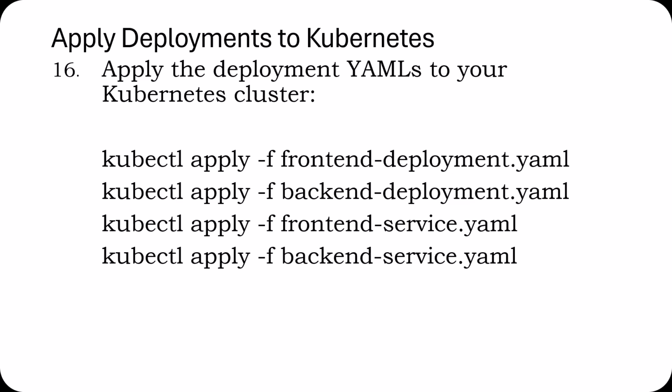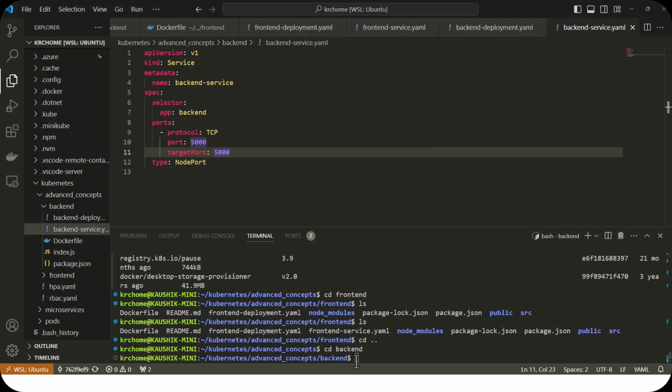So let's get back to Visual Studio Code. Now I am on the backend. So I will apply the backend deployment .yaml first and backend-service.yaml. kubectl apply this file, backend-deployment.yaml.